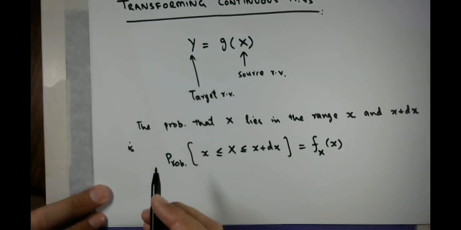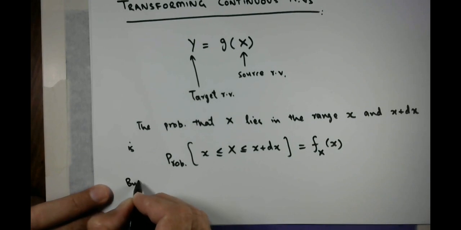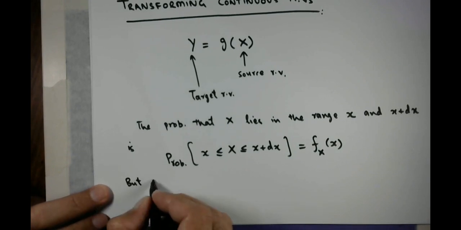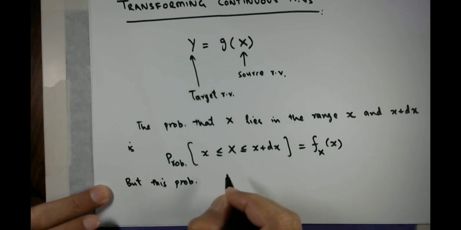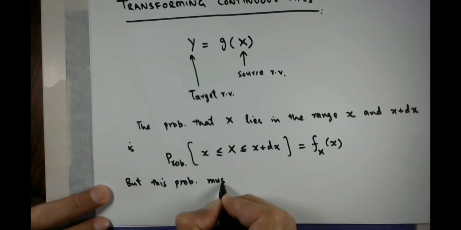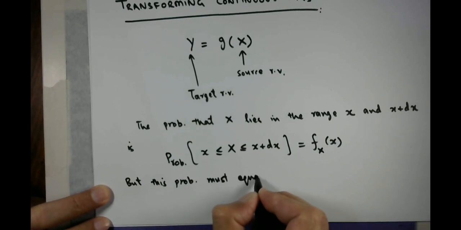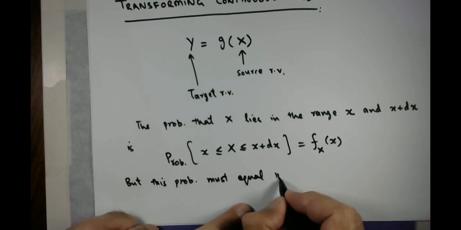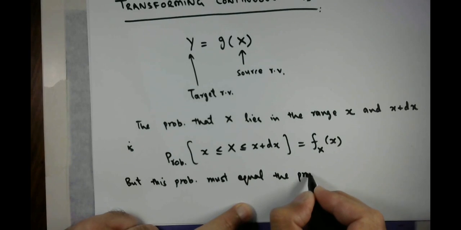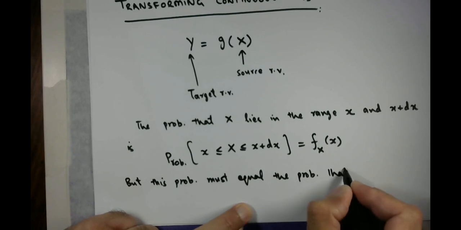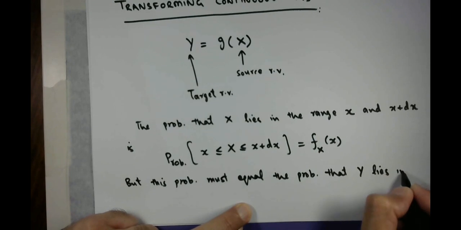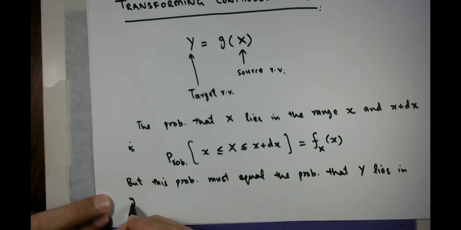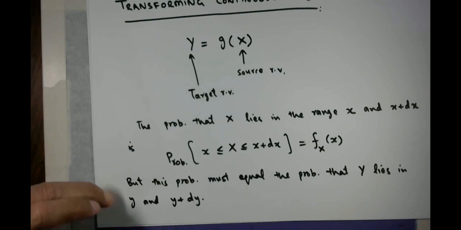So let me first complete the expression, but this probability must equal the probability that the random variable y lies in the range y and y plus dy.